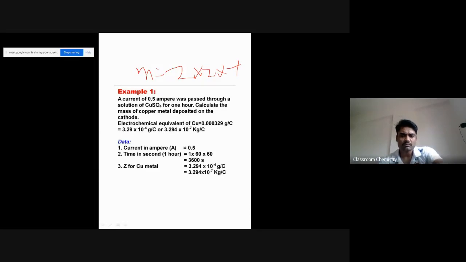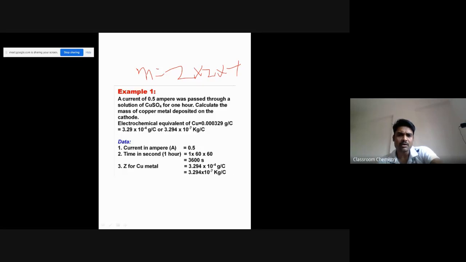What is the T? Here they pass current for 1 hour, and the current is 0.5 ampere. There is no conversion because it is in ampere. Time T in hours, we convert into seconds, 3600 seconds. 1 hour is 60 minutes, and 1 minute is 60 seconds, hence we convert 1 hour into 3600 seconds.